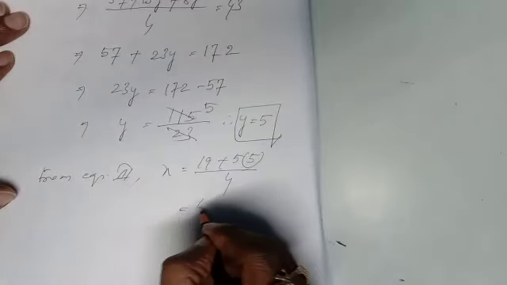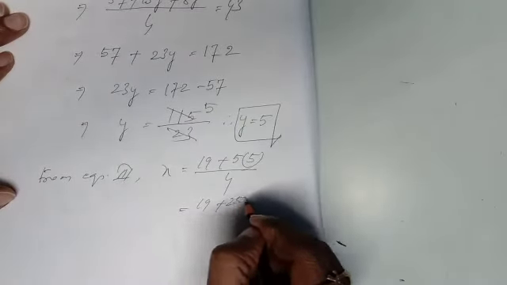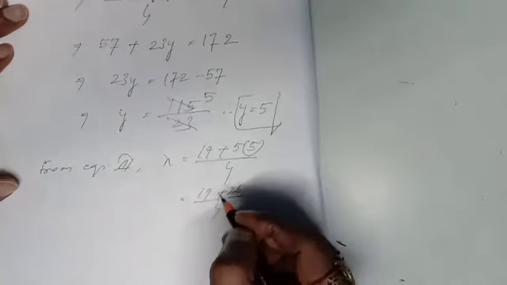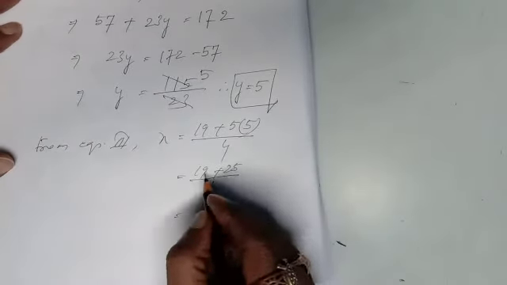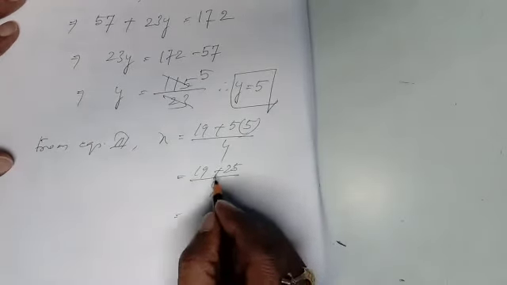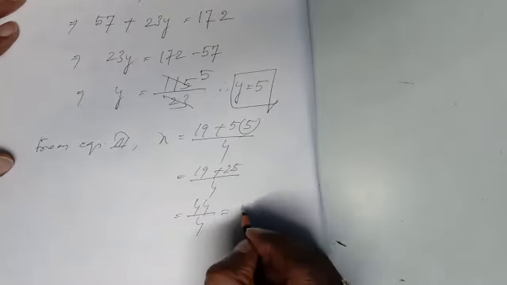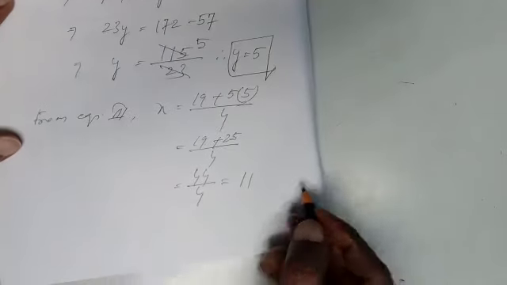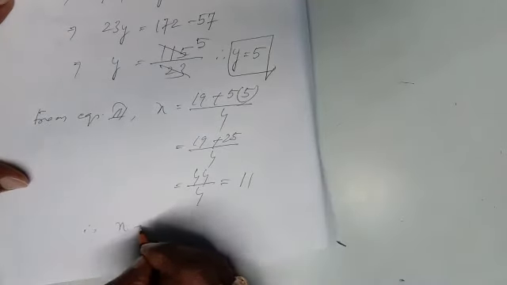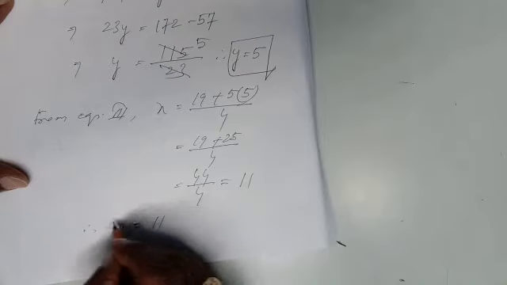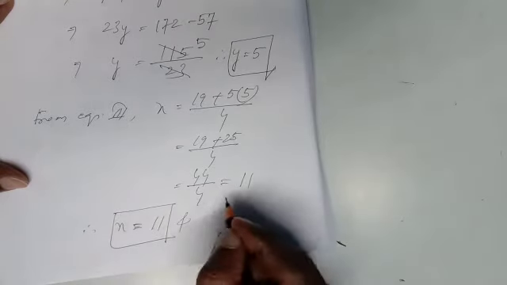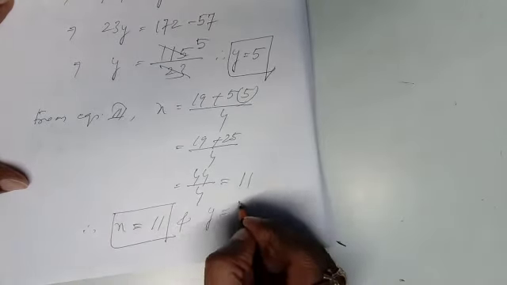So this is coming 19 + 25, that is 44, divided by 4. 44 by 4 is coming 11. So what is the value of x you got? The value of x is 11 and the value of y you got is 5.